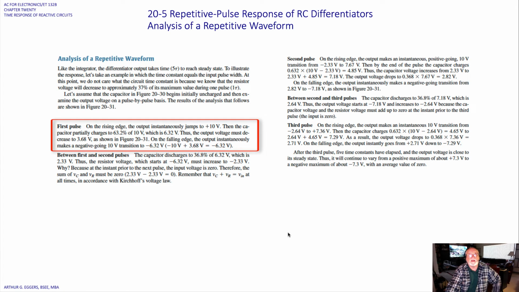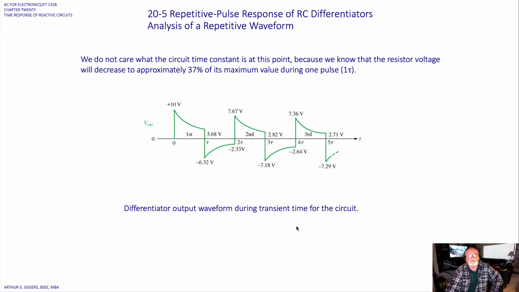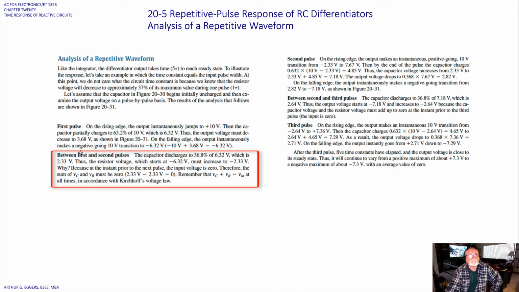On the falling edge, the output instantaneously makes a negative going 10 volt transition to minus 6.32 volts. Minus 10 volts plus 3.68 volts gives us minus 6.32. So we can see that here. There's our first pulse, and we can see the changes that occur percentage wise.